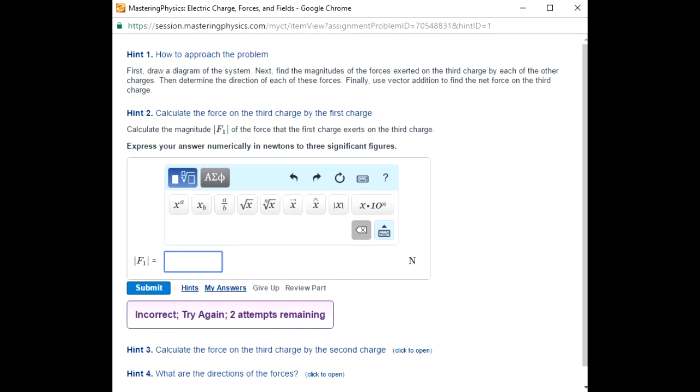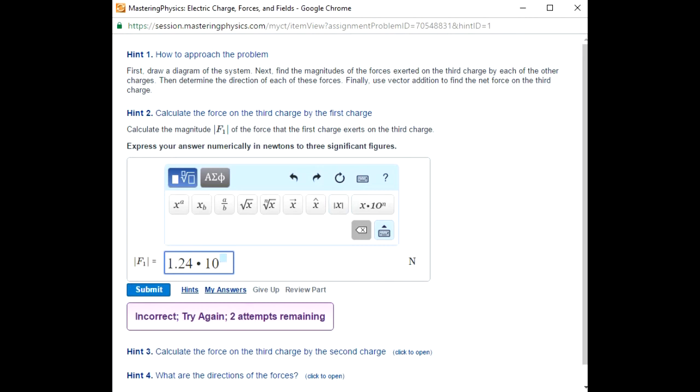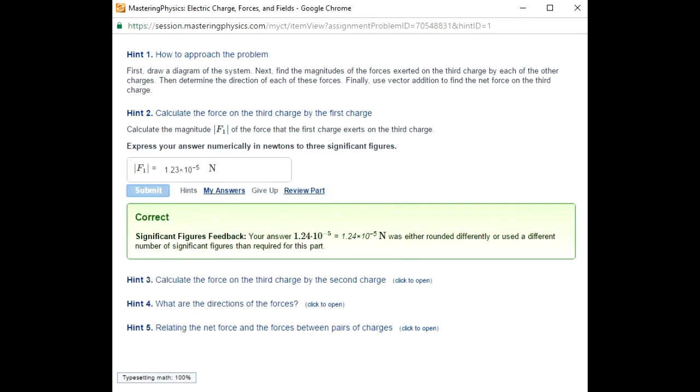Now I do my calculations and I get that the force between Q1 and Q3 is 1.24 times 10 to the negative 5 newtons. And this is correct.